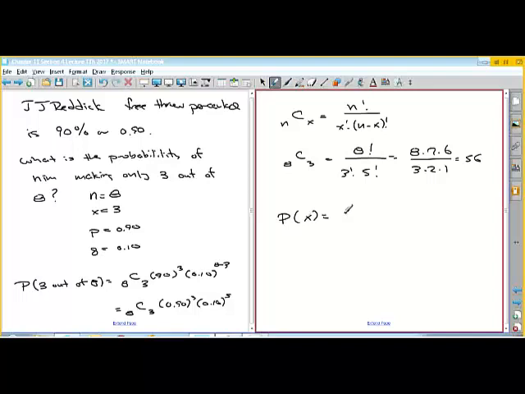Okay. So now the probability is going to be 56 times 0.9 to the 3rd power times 0.1 to the 5th power. So let's see what you get there.